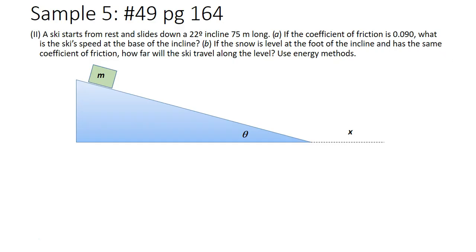Okay, one more. This one has numbers and it's a little more complicated because now we have friction on the incline. Again, we're using the same kind of concepts here. So let me take a look. We start at rest, it slides down a 22-degree incline.